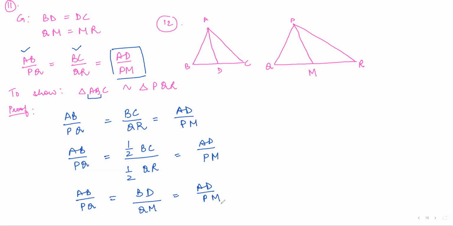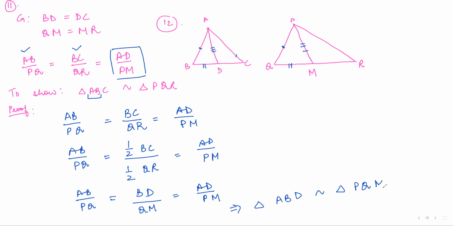Now, which triangle is this? The side AB is proportional to PQ, then BD is proportional to QM, and AD is proportional to PM. So basically, these two triangles are coming out to be similar from here. So this implies that triangle ABD will be similar to triangle PQM.